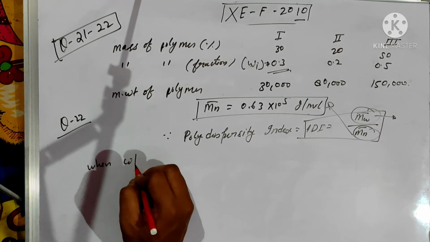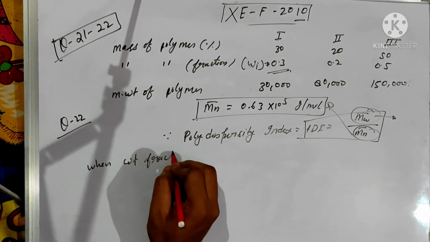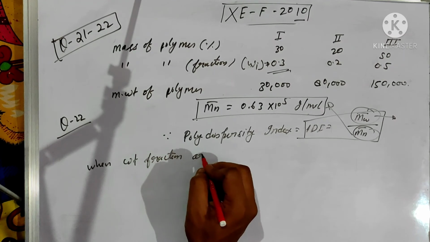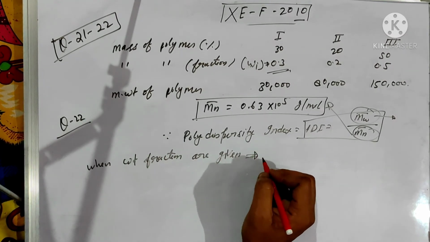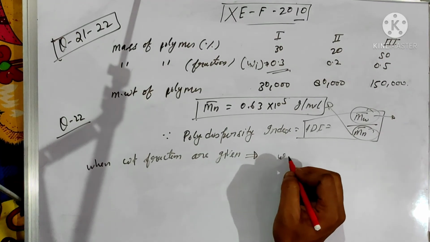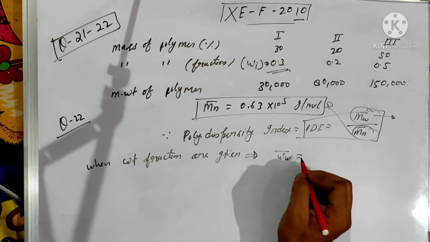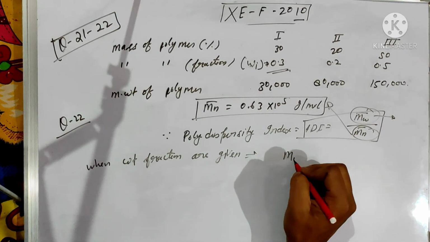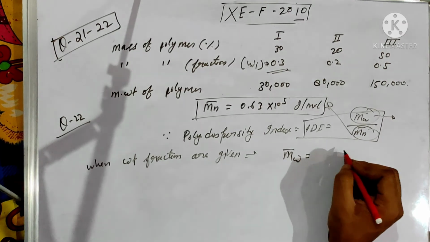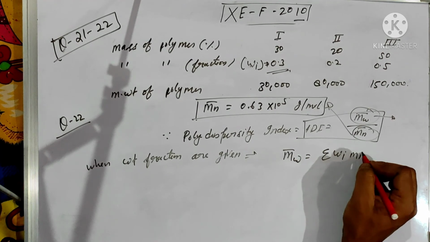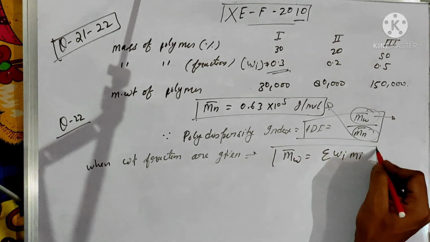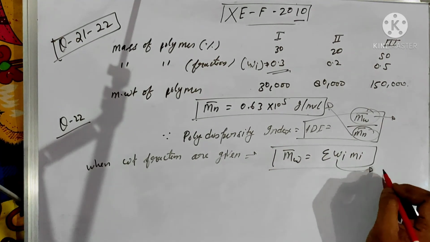When weight fractions are given, the weight average molecular weight of the polymer is calculated by the summation of Wi into Mi. Here Wi is the weight fraction.